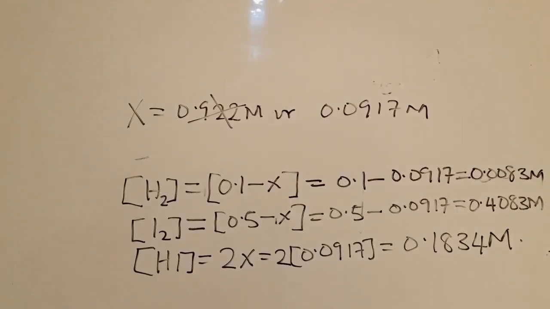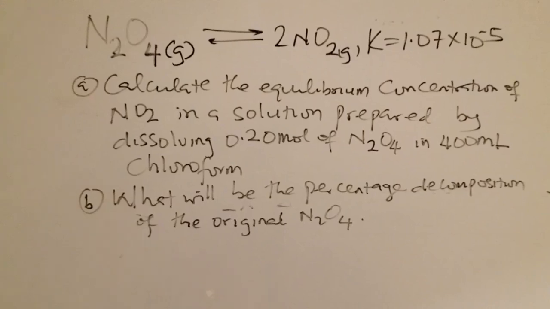We'll take one more question on calculation of concentration from equilibrium constant. Let's look at the question on the board that shows the decomposition of dinitrogen 4-oxide, N2O4, to give us 2 molecules of nitrogen 4-oxide, NO2. The equilibrium constant is 1.07 times 10 to the power minus 7.